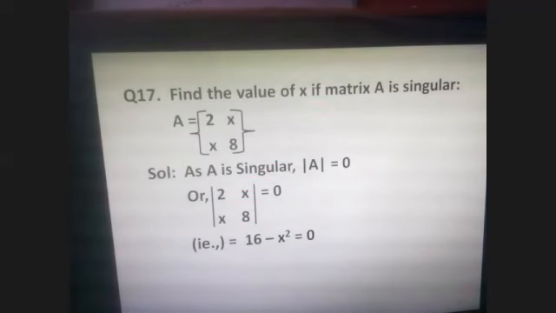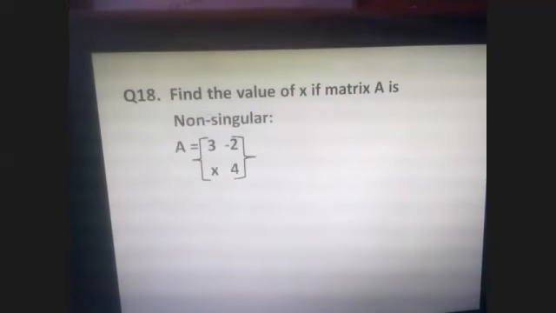Sir, x is equal to plus or minus 4. Yes, you are right. Plus or minus 4. Both are valid.